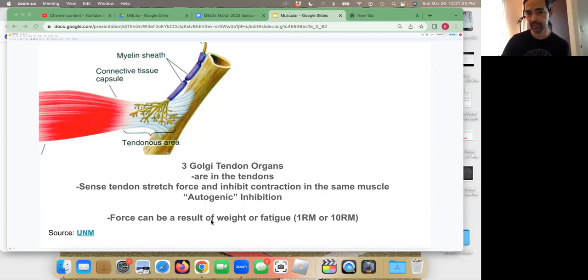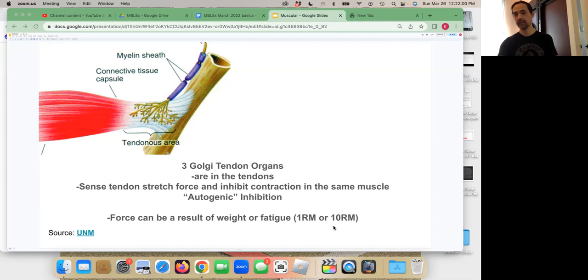So force can be a result of the amount of weight. For example, when someone tries to achieve their one rep max, that's the heaviest amount that they're capable of lifting one time, or it can be a result of fatigue. So lifting a moderately heavy weight a maximum number of times before you can't lift it anymore.